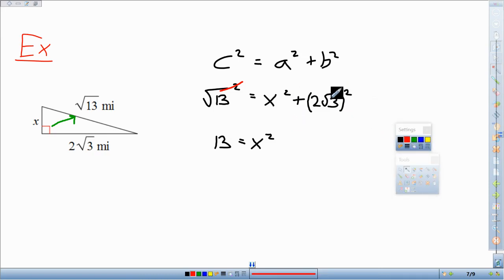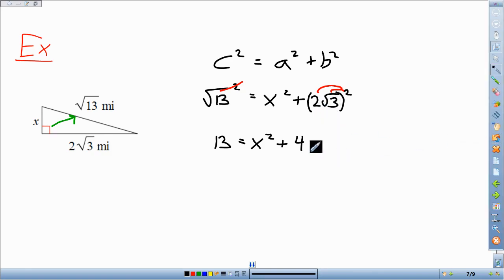This over here is kind of the same idea. Both of these numbers are being squared. This 2 is being squared, and the square root of 3 is being squared, and we have to do them both. Let's start with 2 squared. 2 times 2 gives me a 4, so we have plus 4. The square root of 3 squared, just like before when the radical and power of 2 canceled, the same thing is happening here, and we're left with what's underneath the radical, a 3.